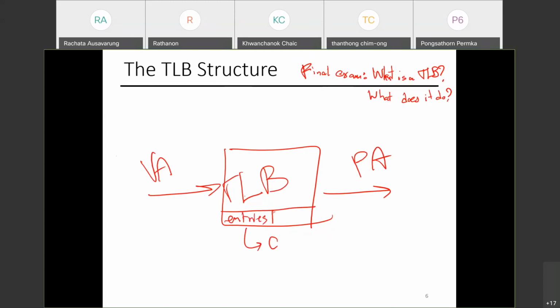And inside here, is this in the cache block granularity or is this in the address granularity? Or is this in the page granularity? Yep. One of the private answers is page granularity.